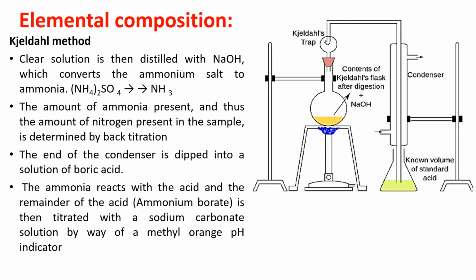So you can back titrate and see that 80 molecules of boric acid are not present in intact form. That means 80 have formed the bond with ammonia to form ammonium borate, and accordingly you can determine the nitrogen content. If this slide or this explanation is confusing, the next slide will clear it up.